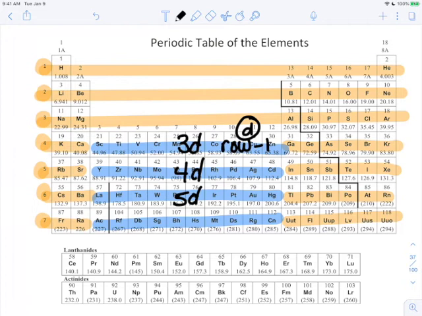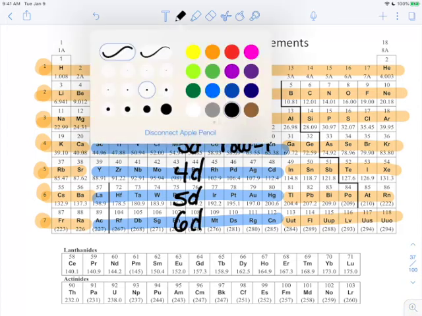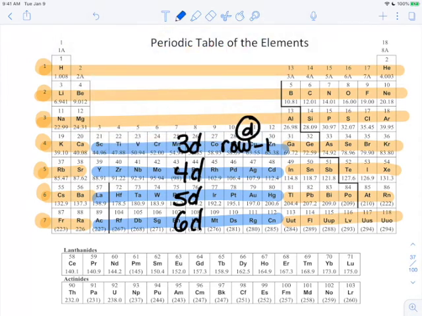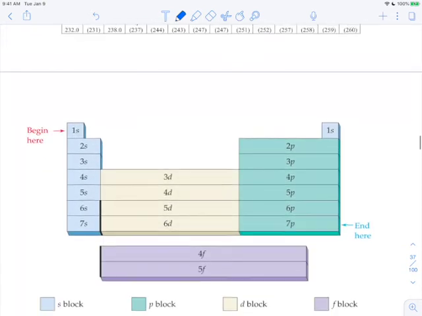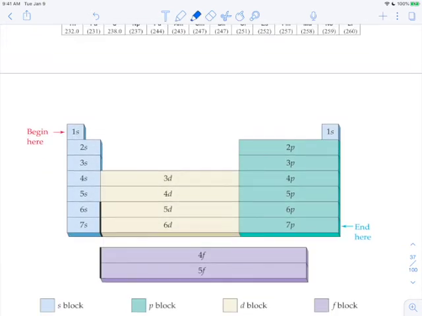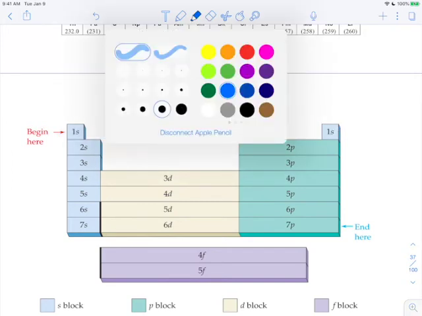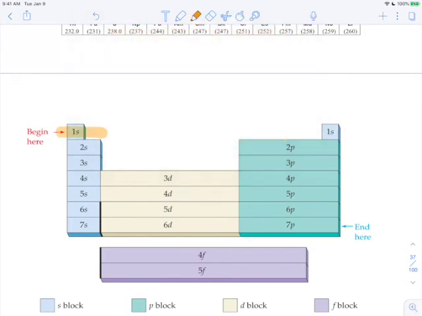All right, so going across that 7th row, we have 7S, 7P, but in the D's, it's going to be a 6D like so. And we're going to talk a lot more about this when we do our electron configuration. But I just wanted to show you why in this slide right here, you see the 1S going across.